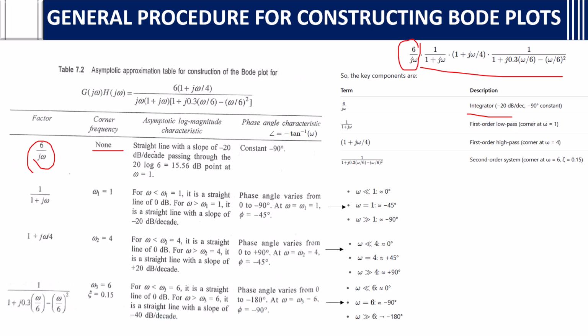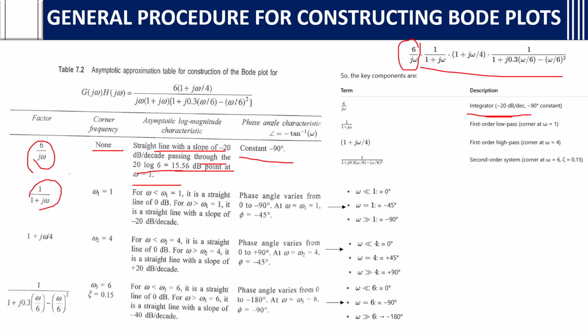Then a straight line with slope of minus 20 dB per decade is drawn. As it is the integrator, if you remember the basic factors, from that this is drawn through 20 log 6, 15.56 dB, at omega equals 1. The phase will be minus 90, same as the integrator we see in the basic factors.